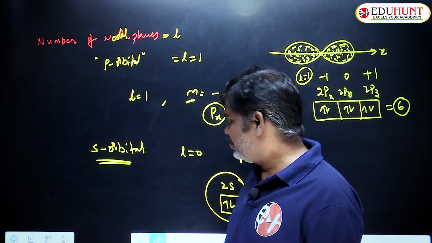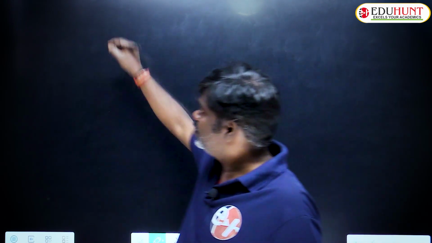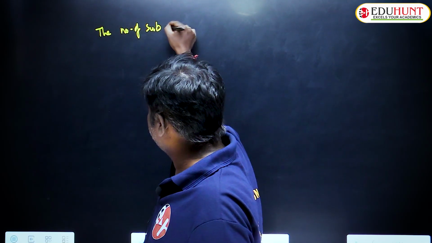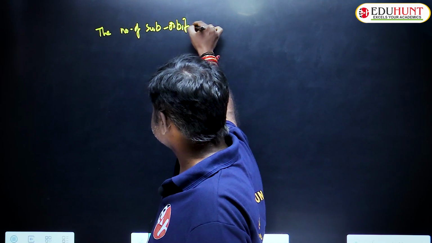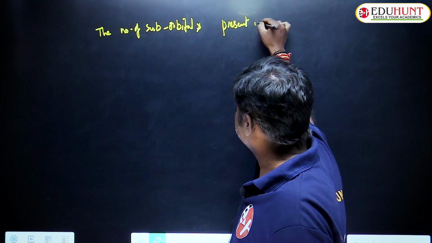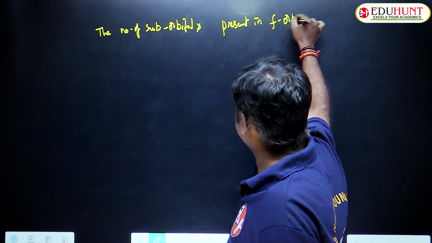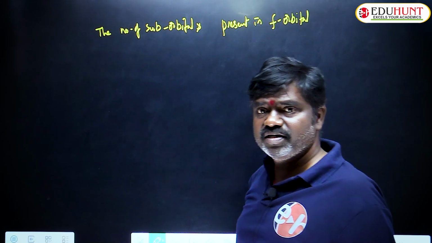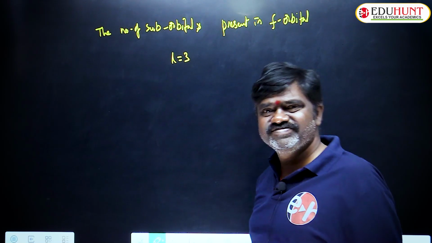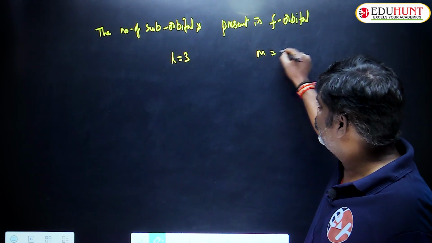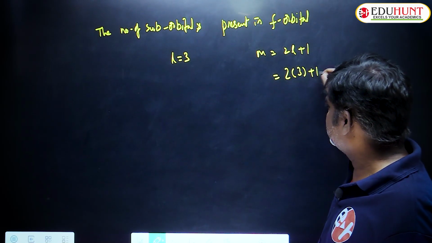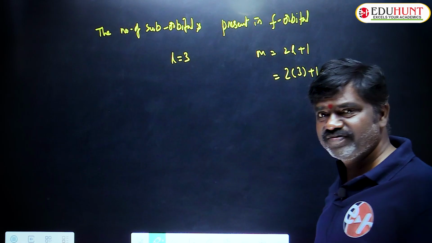For the f orbital, the l value is 3, then 2l plus 1 is 2 into 3 plus 1, which equals 7 suborbitals.